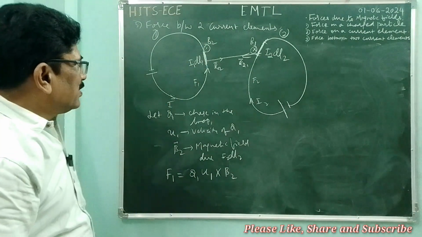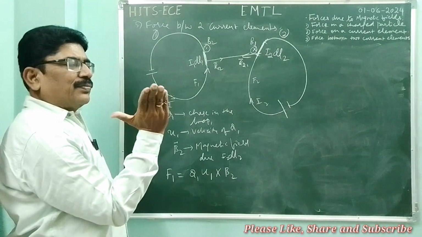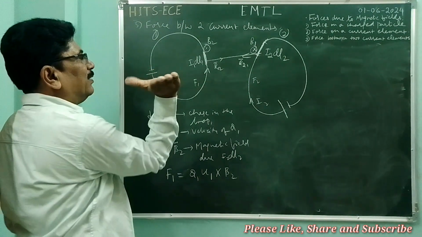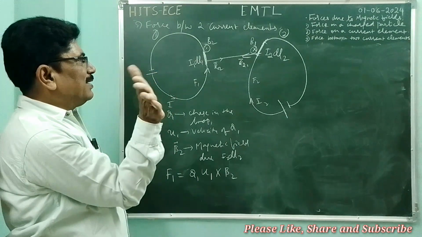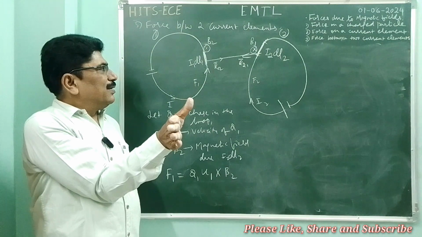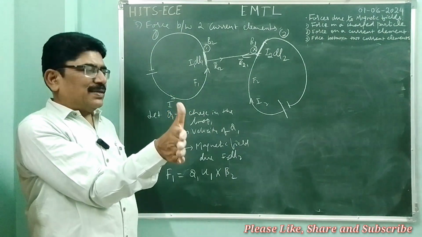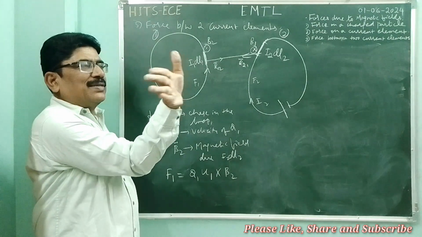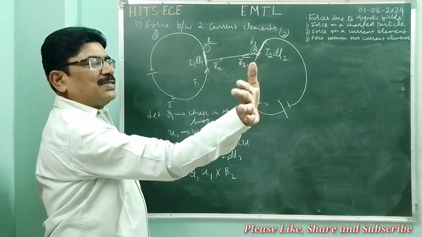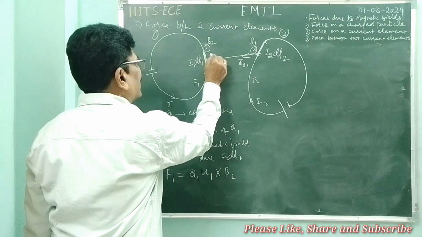What is the direction of this force F1? The palm direction is like this, and what is the velocity direction? The direction of Q1 is upward, and the magnetic field is like this. The palm direction is towards this right side, so force F1 will be in this direction.